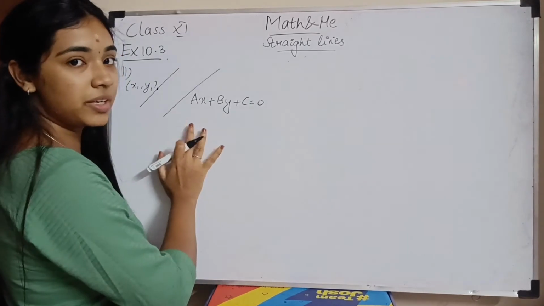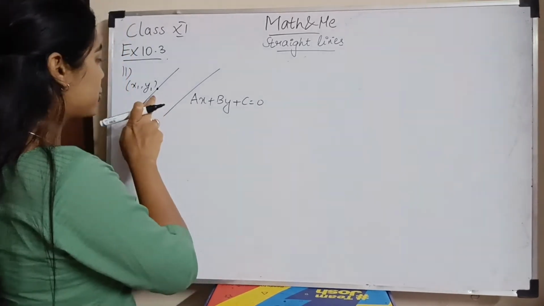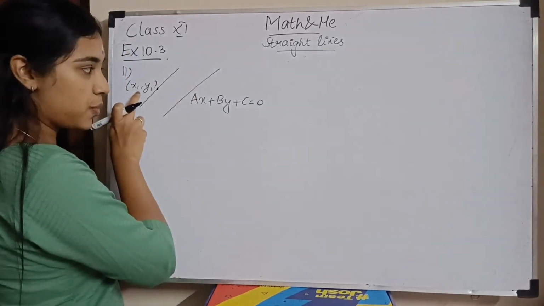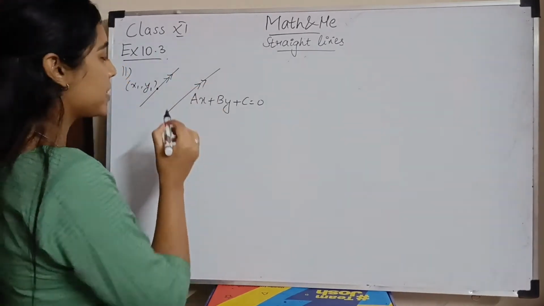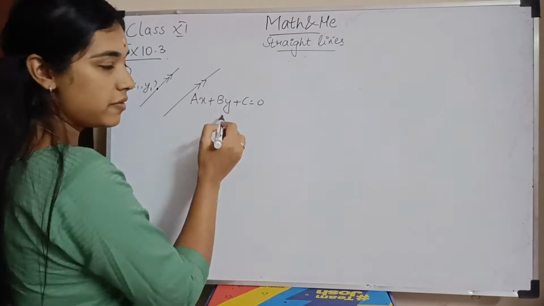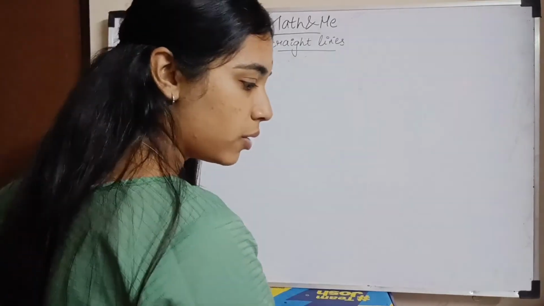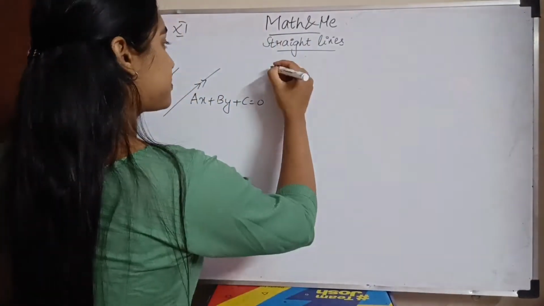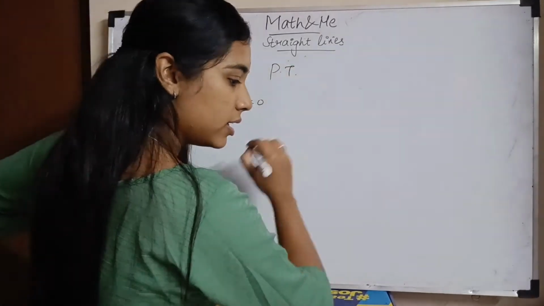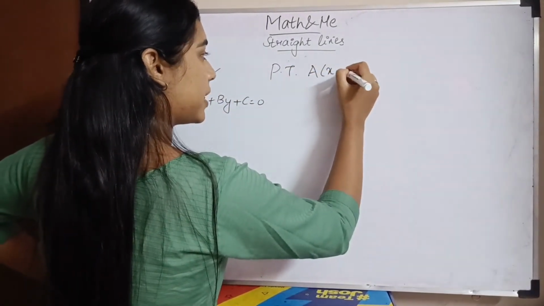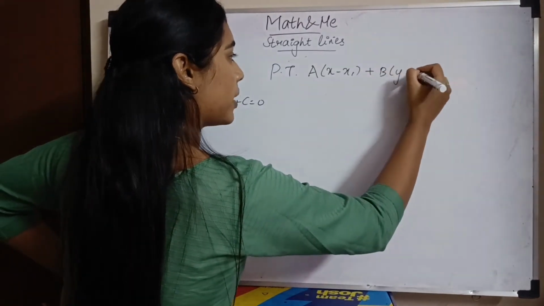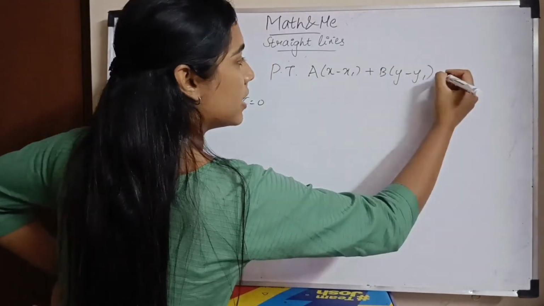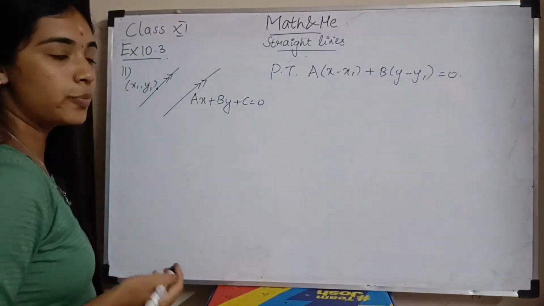First you should know how to write the question in symbols. So you have a line which passes through this point and it is parallel. For parallel we put this symbol. And it is parallel to this particular line for which the equation is given. What do they want? Prove that a(x minus x1) plus b(y minus y1) equals 0.